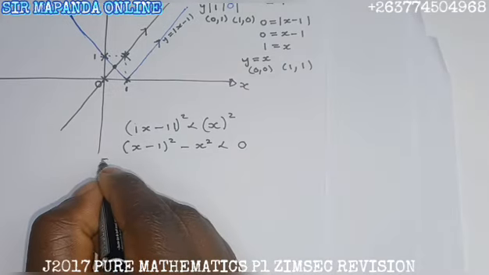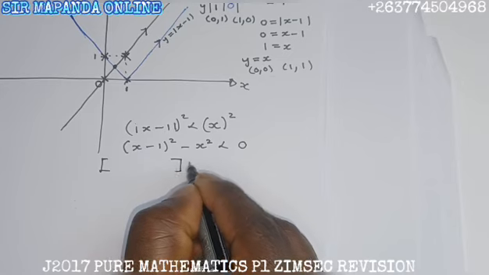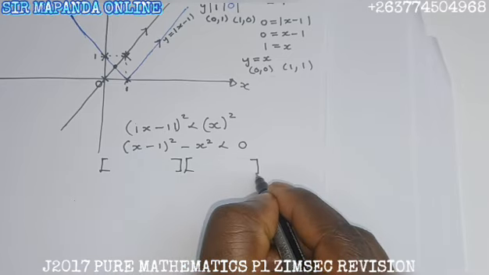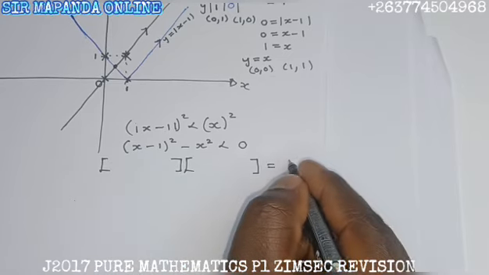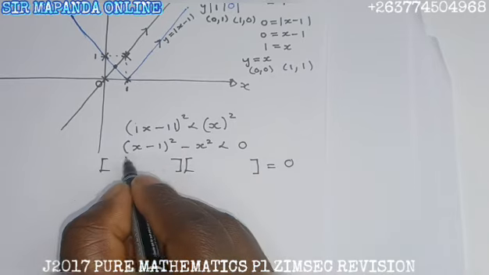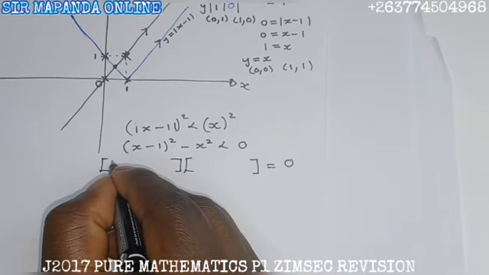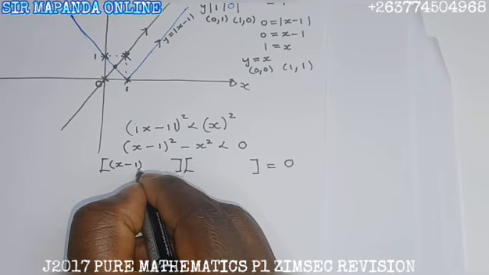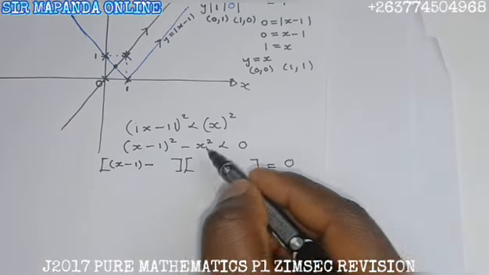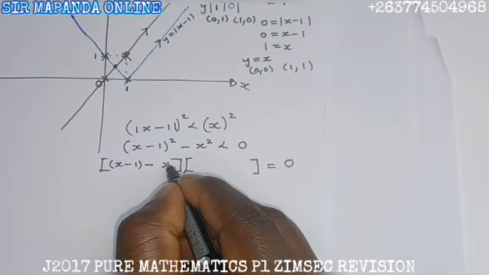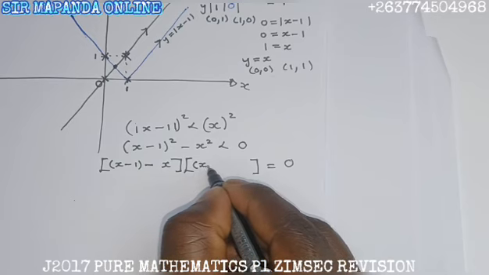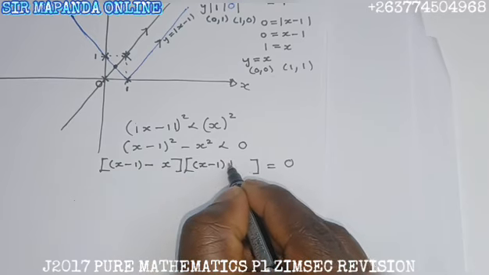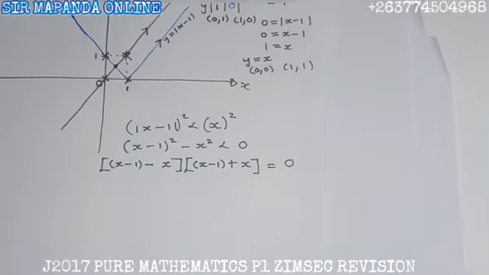Then you carry out difference of two squares to find the critical values. The square root of (x minus 1) squared, you get x minus 1. You put a negative sign. The square root of x squared, you get x. But in this bracket, you get x minus 1 plus x, something like this. I hope you are following.